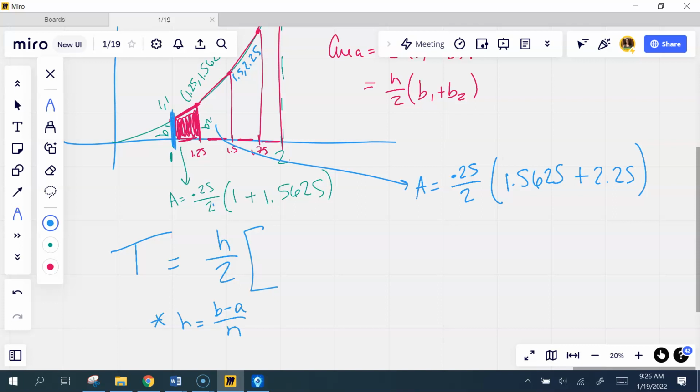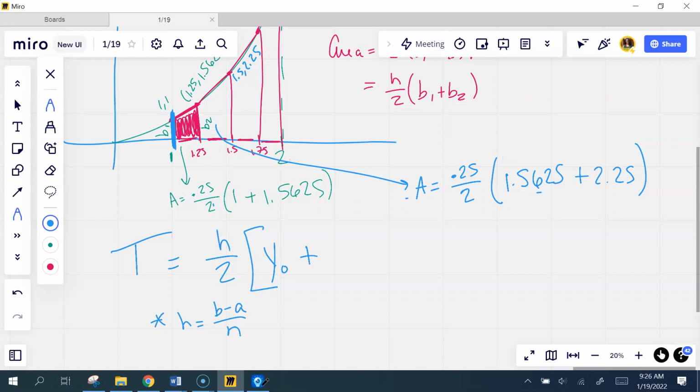I take the very first base, but I'm taking the Y value there, right? So I'm going to call this Y sub 0. Don't let that throw you. That's just the very first base. Okay? Plus, well, if this is Y sub 0, this is what? Y sub 1. But whenever I move to the next one, look, it's the same.